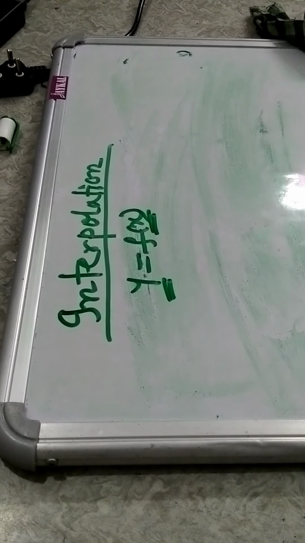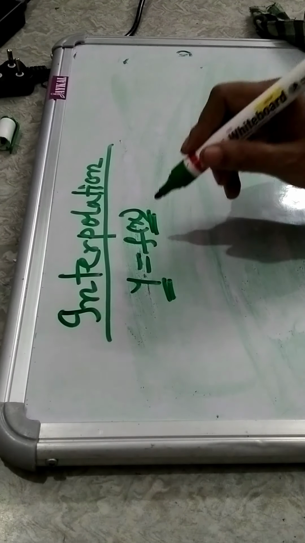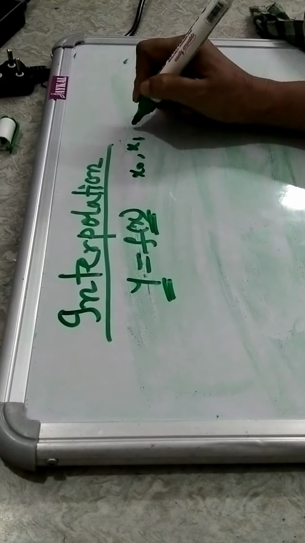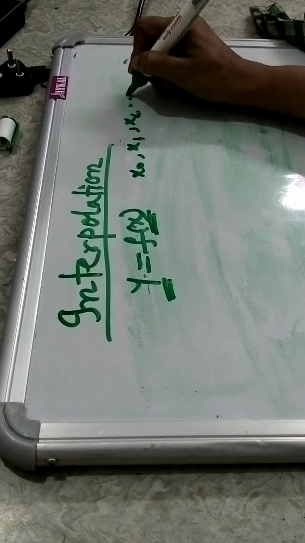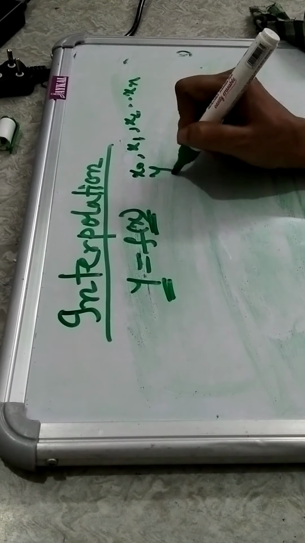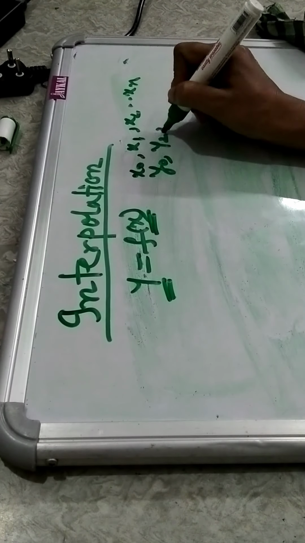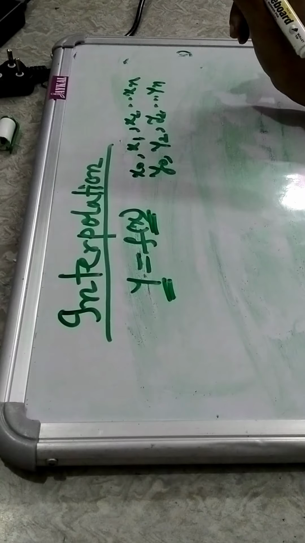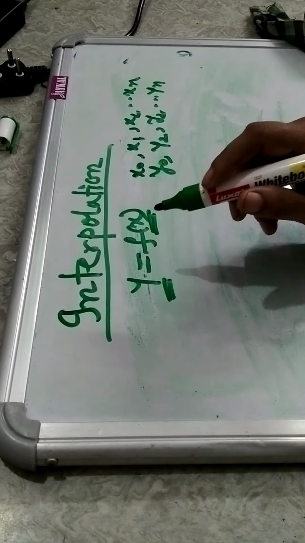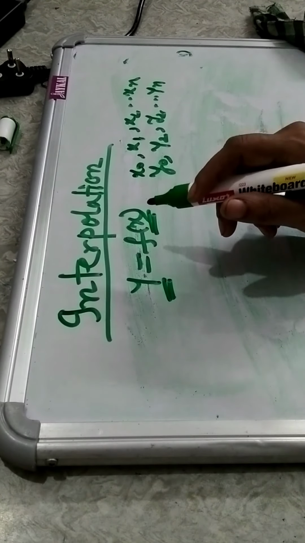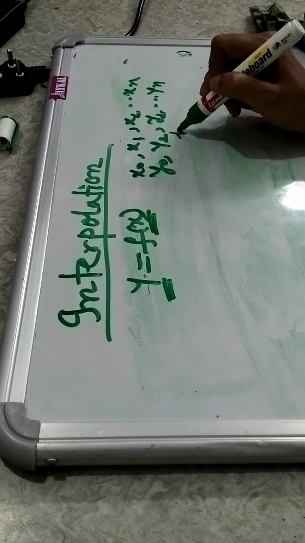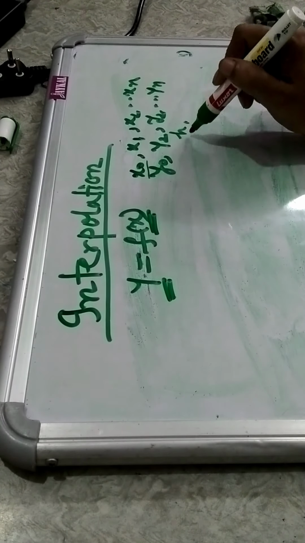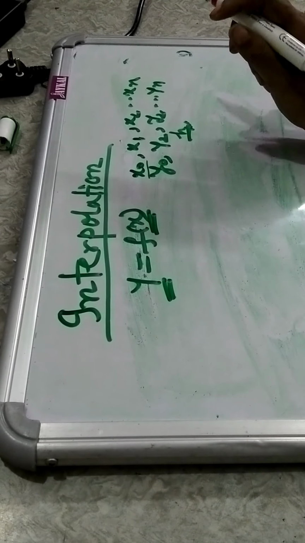Let the observations of the function y is equal to f(x) for x0, x1, x2 up to xn be y0, y1, y2 up to yn. The values of x are equidistant with an interval of differencing h.